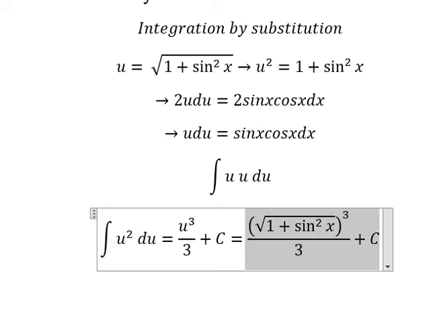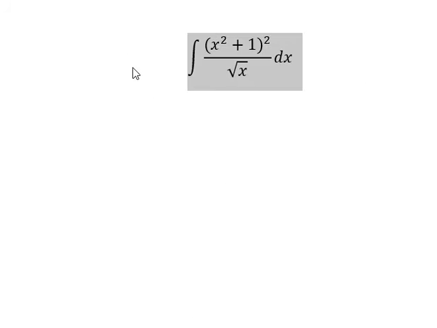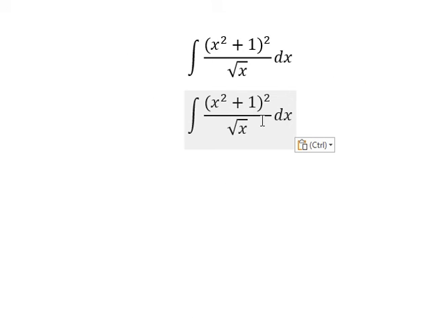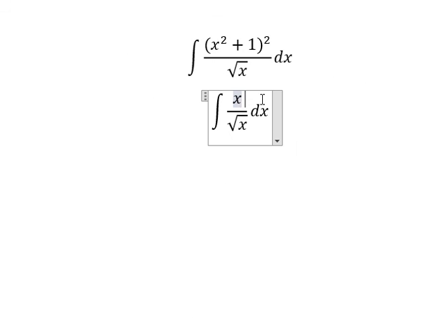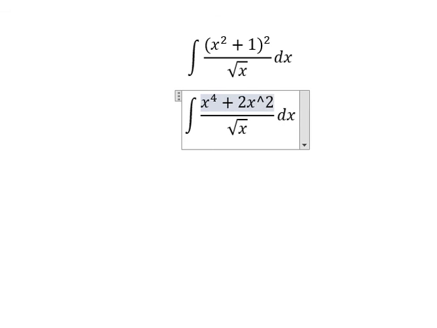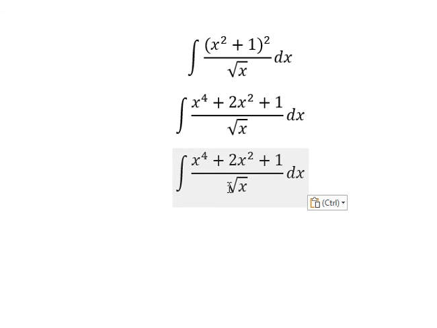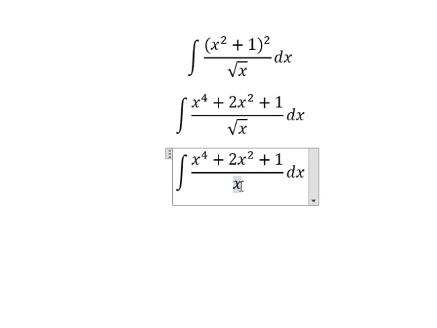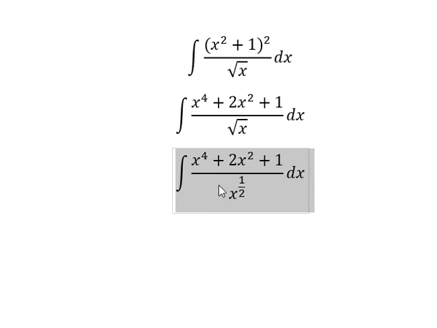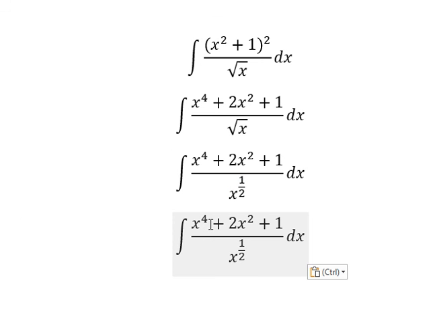Now, let's go to the last one. We need to expand this one. So, the square root of x, that is 1 over 2. And now, we have this one divided by this one divided by this one, and so on in here.